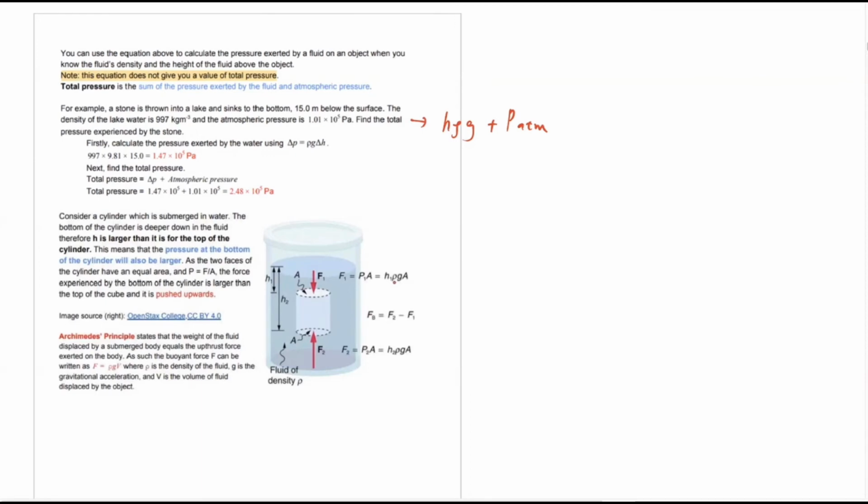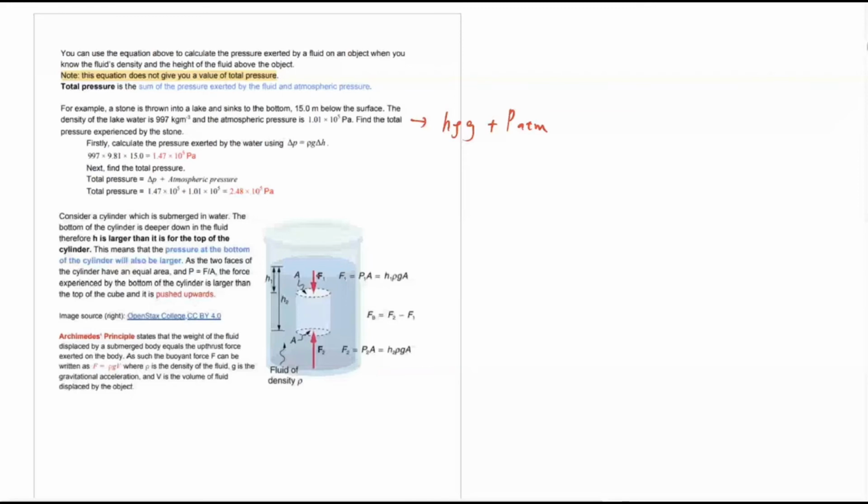And then the upthrust. This is what I discussed. Upthrust equals F2 minus F1. You see F2 they draw longer, showing that it's a greater value. Of course it's greater because h2 is greater, right? So F2 minus F1, then you get upthrust.